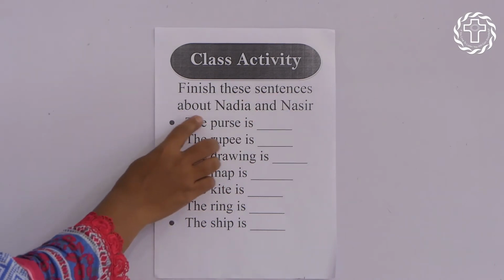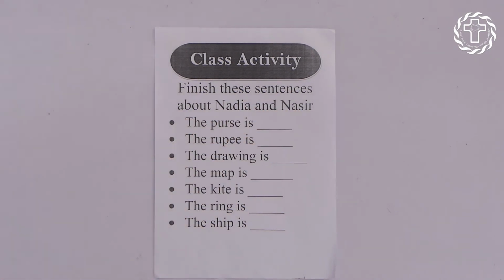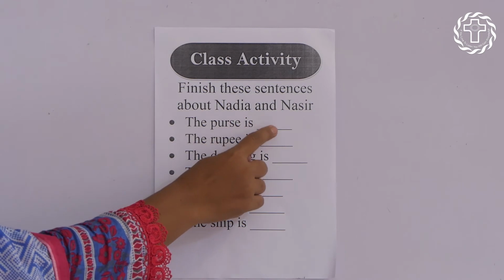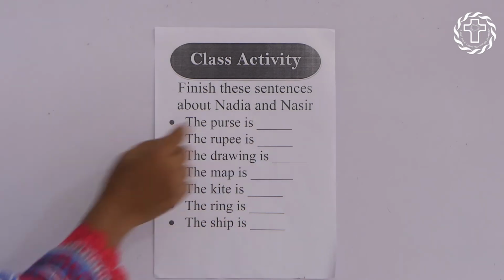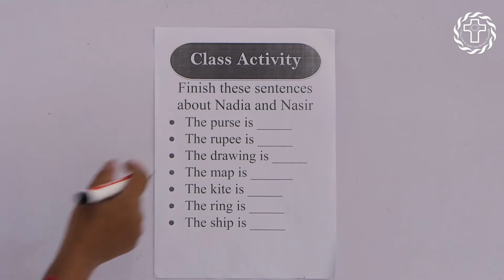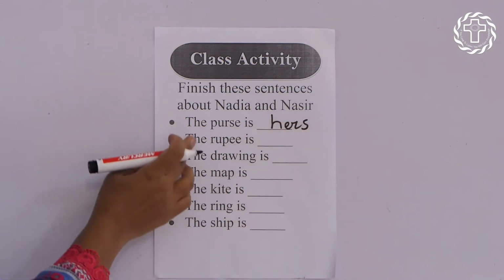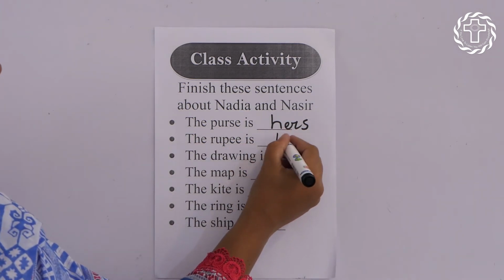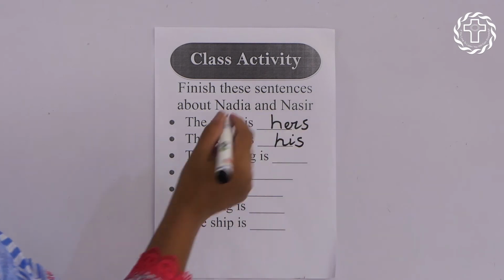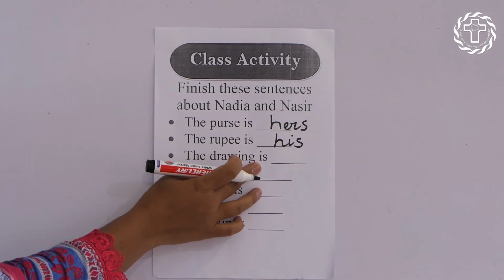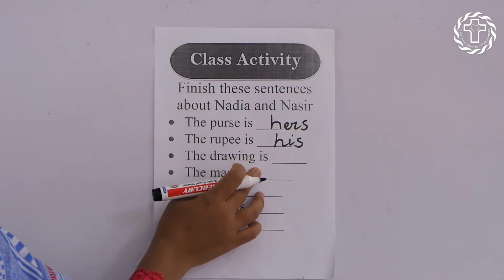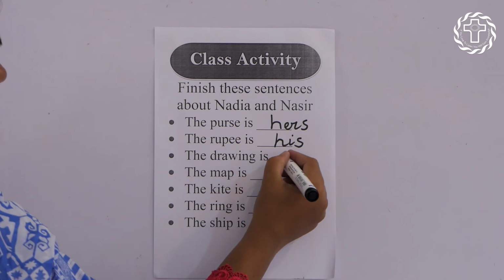Finish this sentence about Nadia and Nasir. Use his or hers. The purse is dash. The purse is hers. The rupees is his. The drawing is hers.